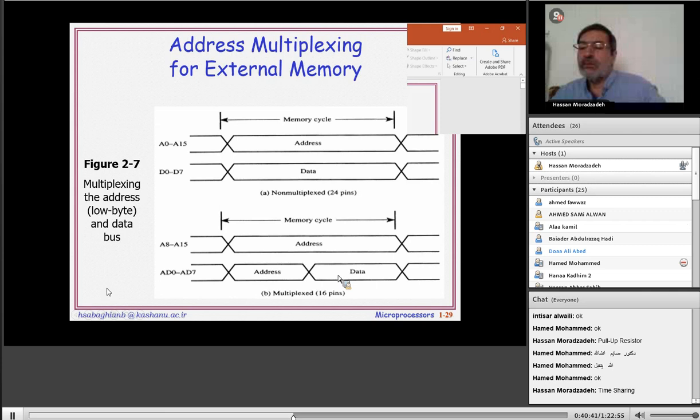That means at some times it is address bus A0 to A7, and at other times it is data bus D0 to D7.